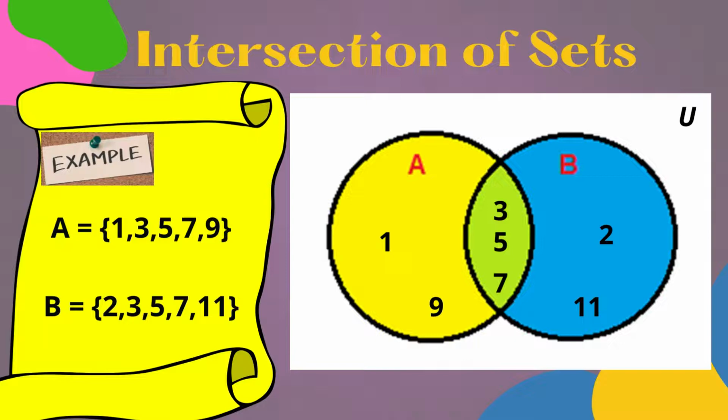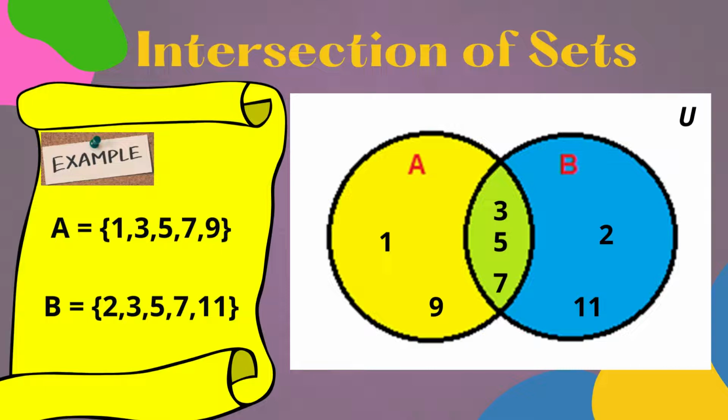Next, look at the two sets given. Spot the similar or same elements, and write them in the middle where the two circles coincide. So we have 3, 5, and 7.